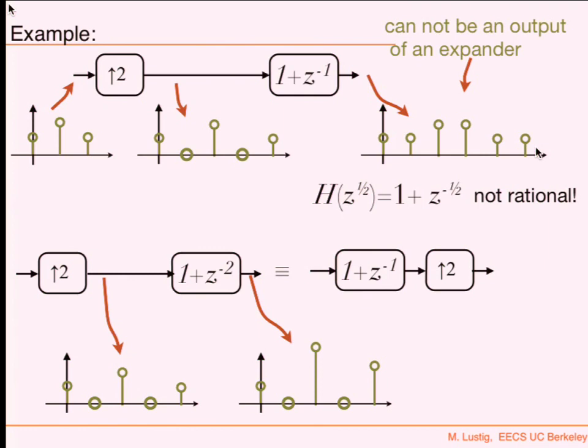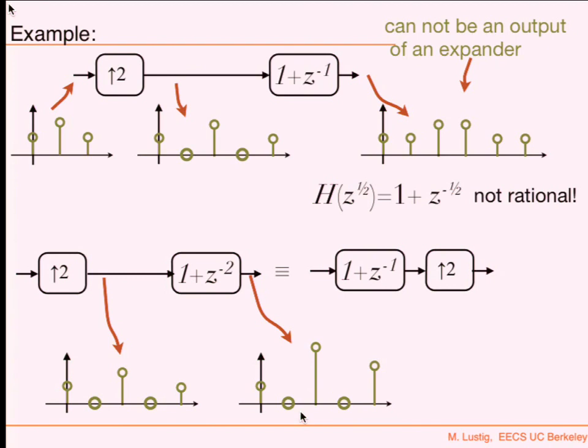However, here's a different case. Now, I upsample by a factor of 2, and now I have this filter, 1 plus z^-2. The result of that looks like this. It's kind of like a moving average, but it's not a moving average. It evaluates the value at the current position plus the value at 2 positions before.